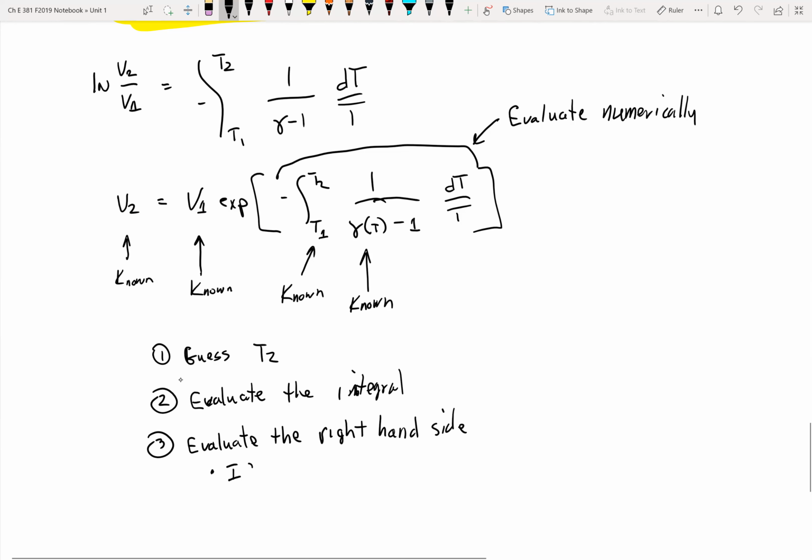So if T2 is correct, then the right-hand side is going to be equal to the left-hand side, which is just V2, right?